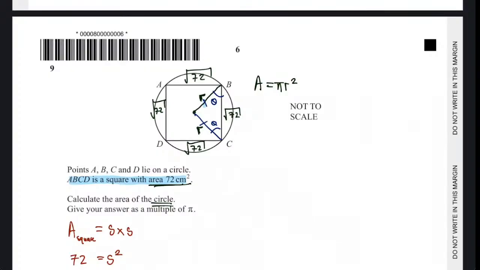When you have an isosceles triangle, the base angles of the isosceles triangle are going to be equal. So if I choose an angle here, these two sides will have the same angle.